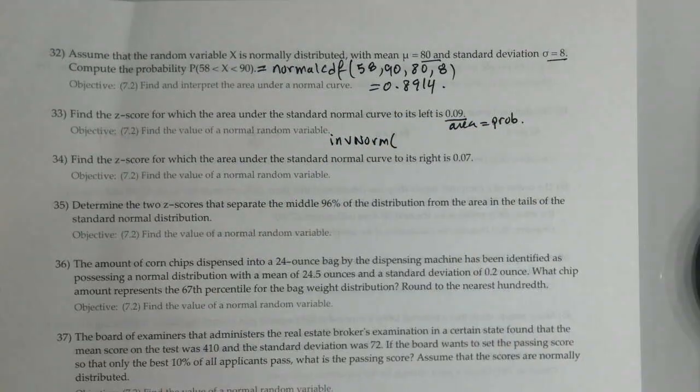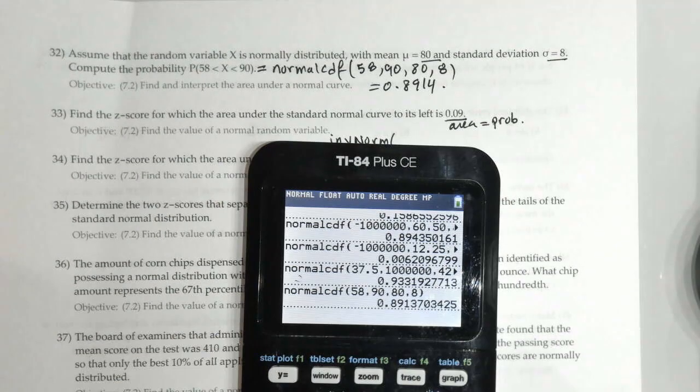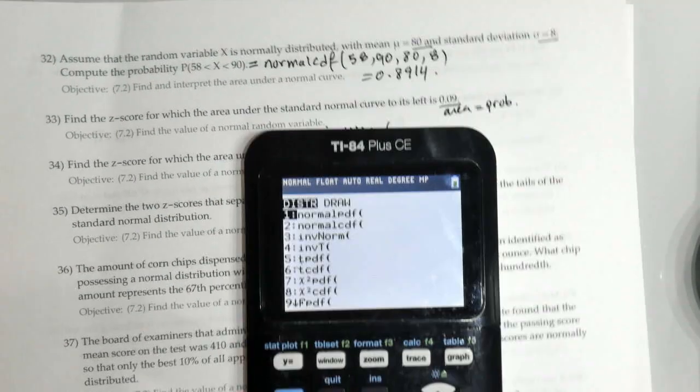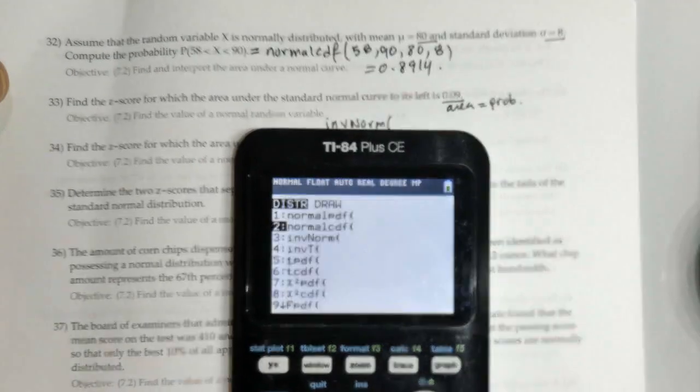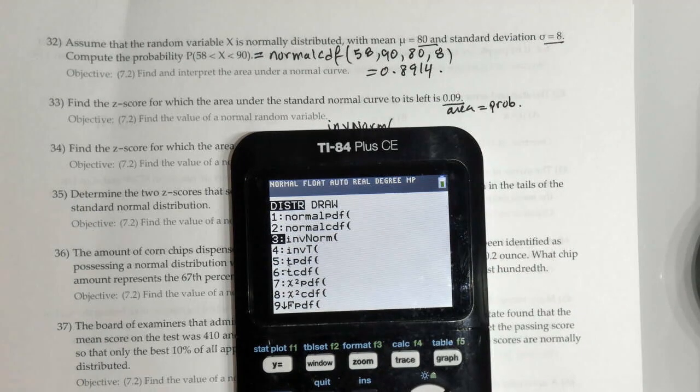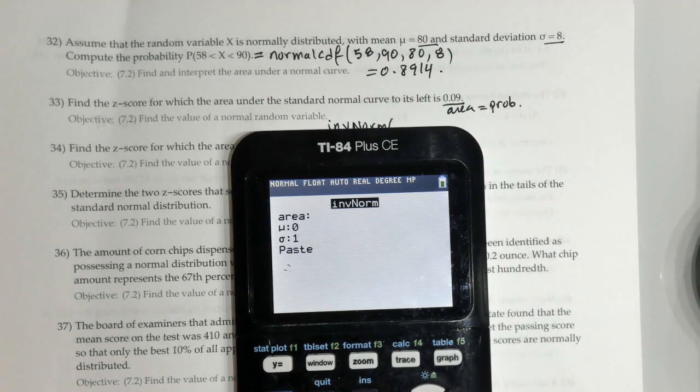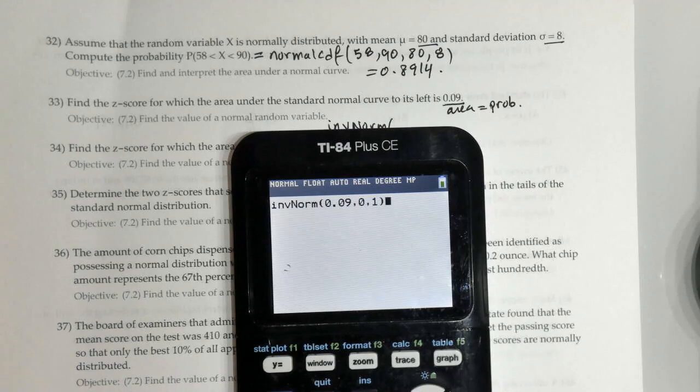So let me show you this one. Clear the screen. Second distribute. You can see after normal CDF there is the inverse norm, and you need 3 arguments: the area to the left, the mean, and the standard deviation. Well, he gives us the area to the left to be 0.09. Since it is a z-score, he doesn't need to give us mean and standard deviation. 0 and 1 by default. You get this one.